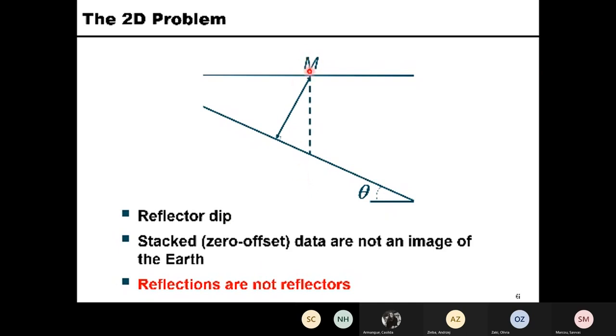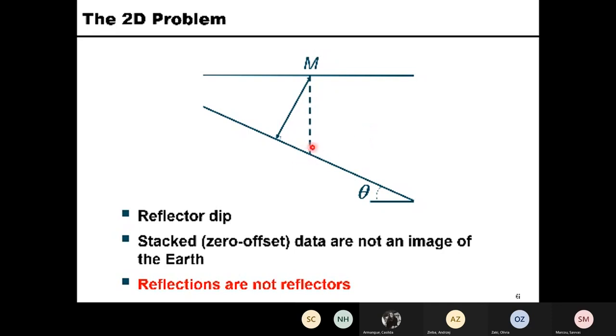So now this dashed line here actually is a seismic trace. You record at this position. You do have a sample here, but you do not know, is it from here or from here, right? So that's why we need to do migration.